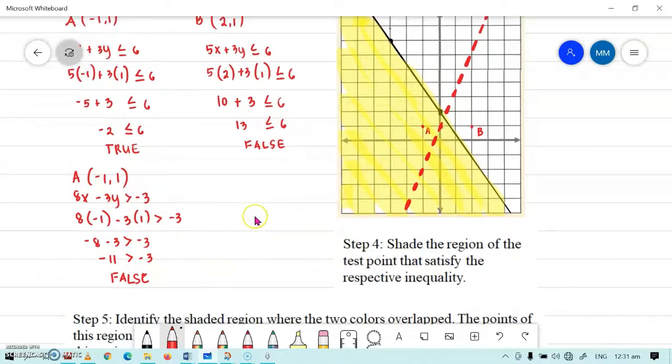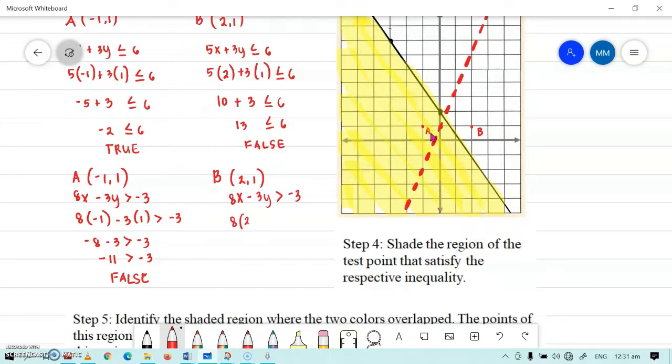Now, let's check our test point B. Test point B is located at 2 and 1. Our second inequality is 8x minus 3y is greater than -3.